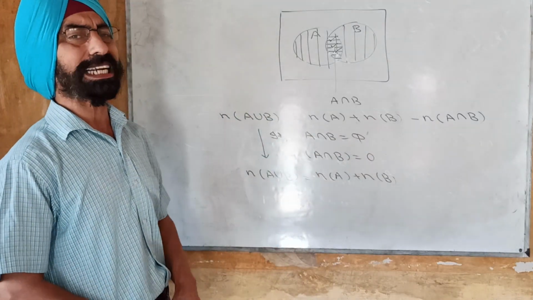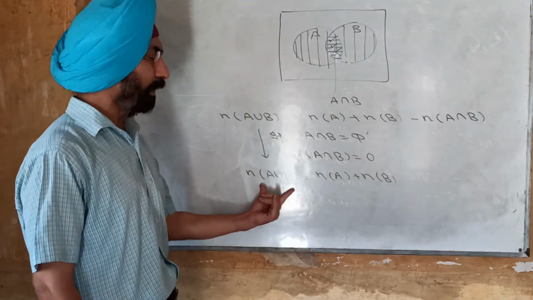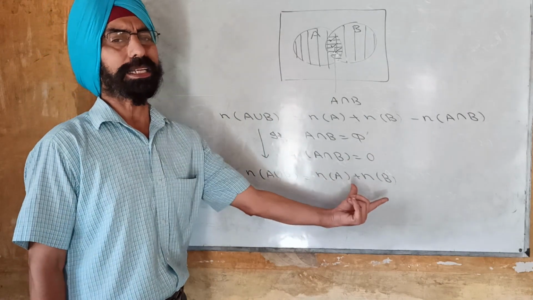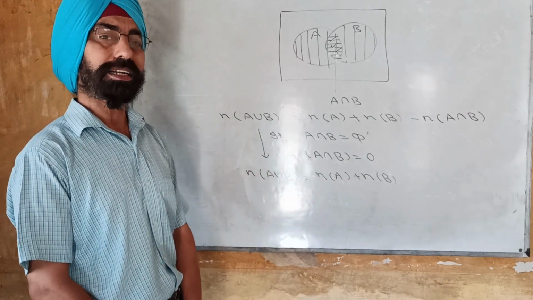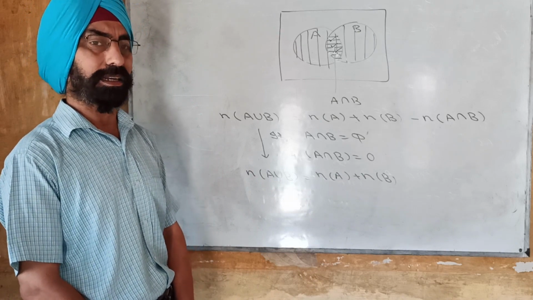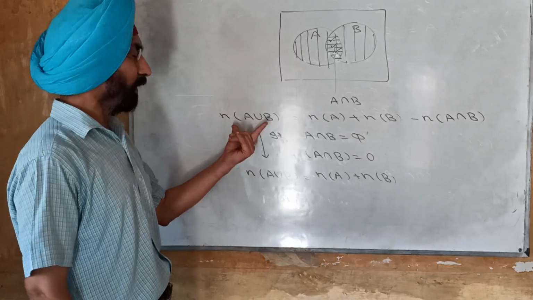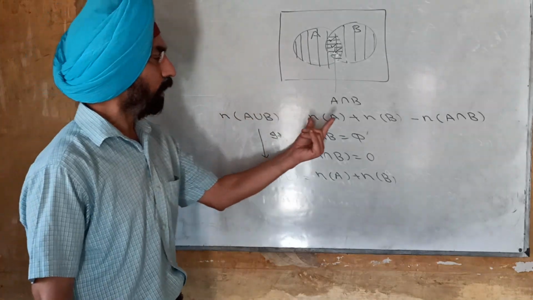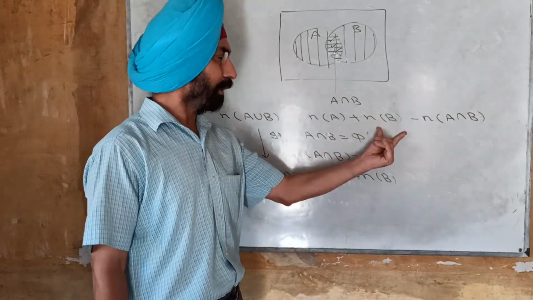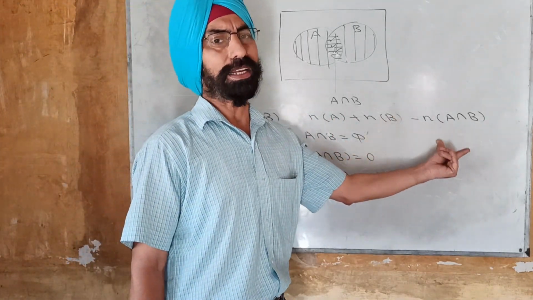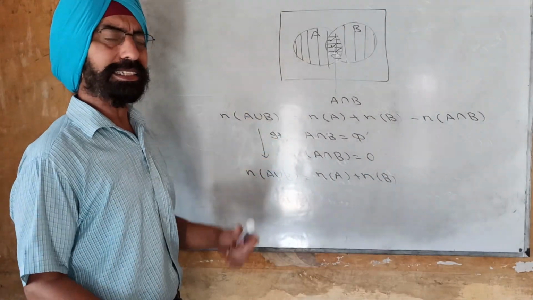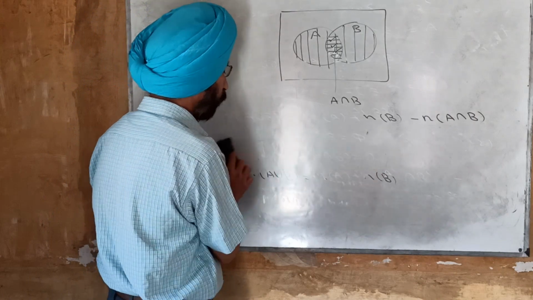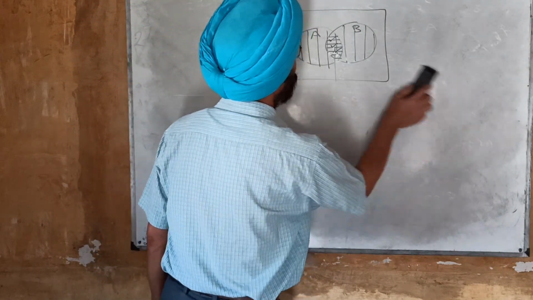So if two sets are disjoint, then the number of elements in A union B is simply the sum of the number of elements in the two sets. But not in general, because in general, the number of elements in A union B is equal to the number of elements in A plus the number of elements in B minus the number of elements in A intersection B. This is a simple case because we are having only two sets, namely A and B.